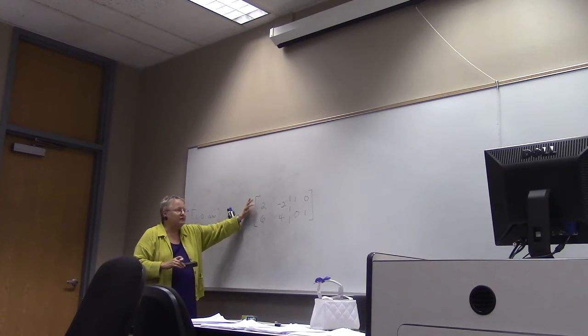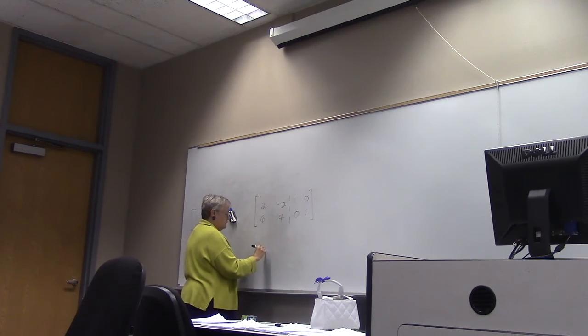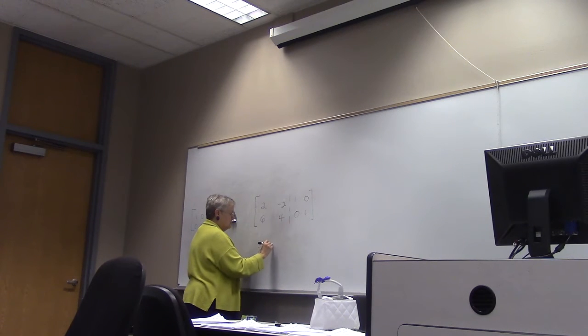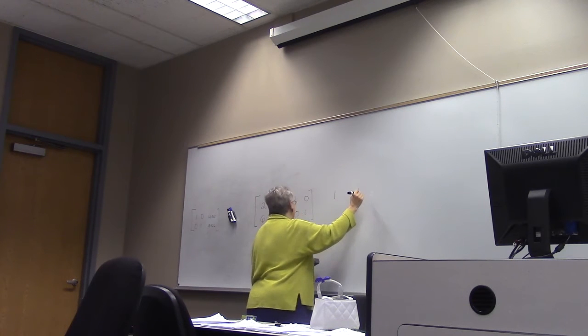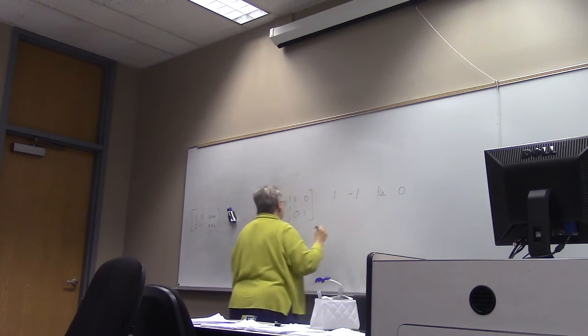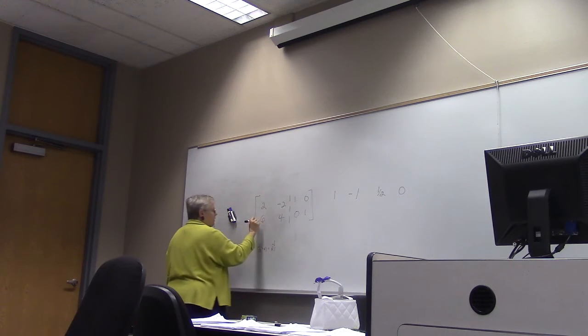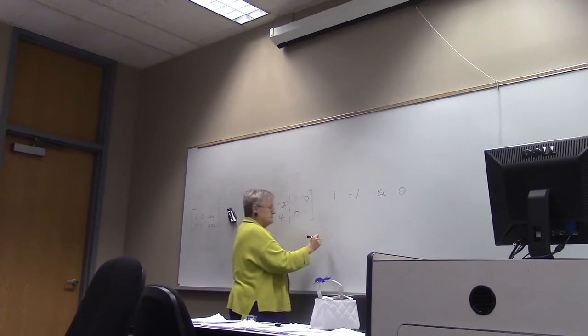Divide row 1 by 2. So that's going to be 1, -1, 1/2, 0. And I want a 0 here. How can I do that? Divide by 6?